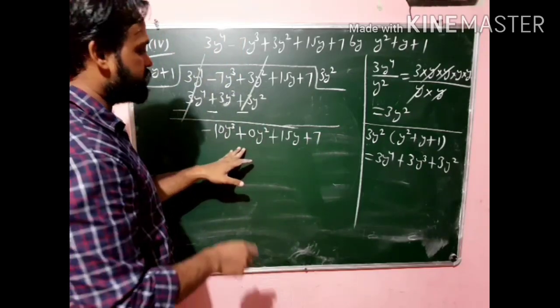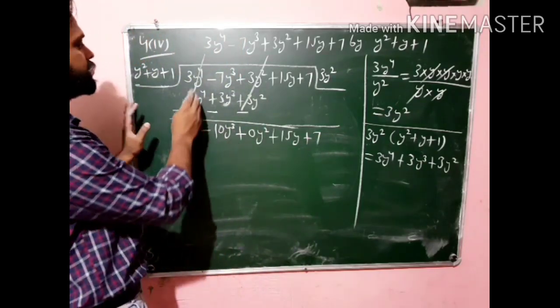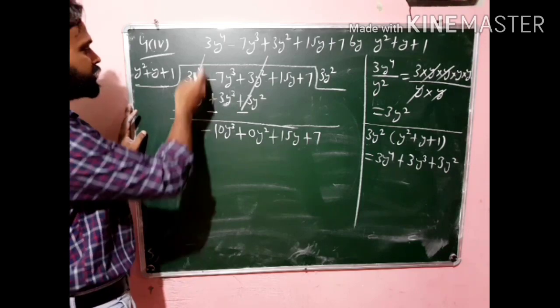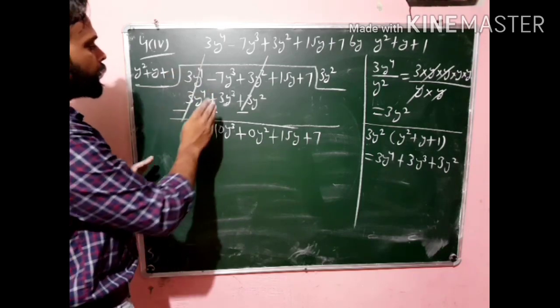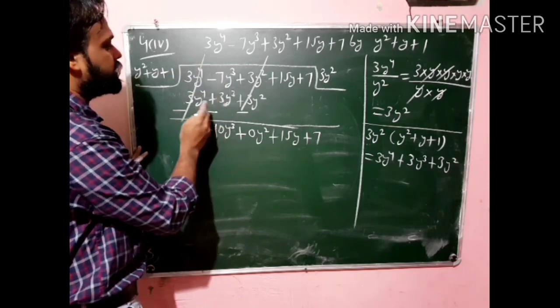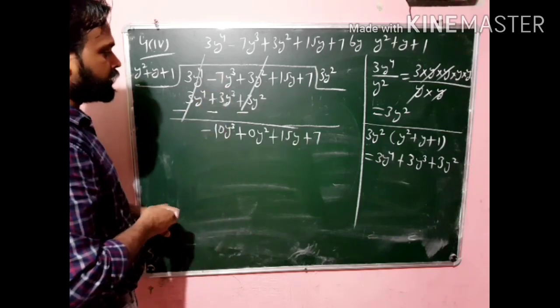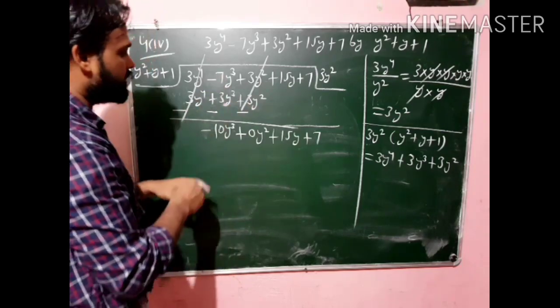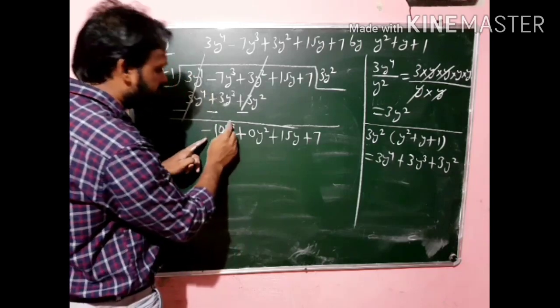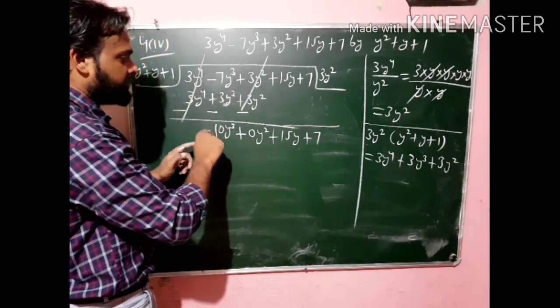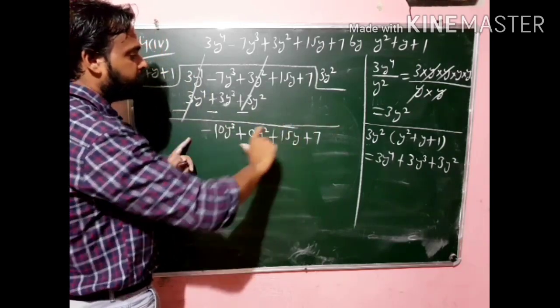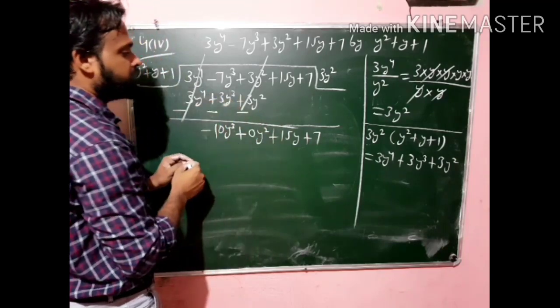So I am repeating the same step again, listen carefully. Even in this case this y4 term has been cancelled, and this minus 7 and minus 3 will become minus 10. But if a power of cube still exists here, then to complete the polynomial we should introduce the y square term also here.